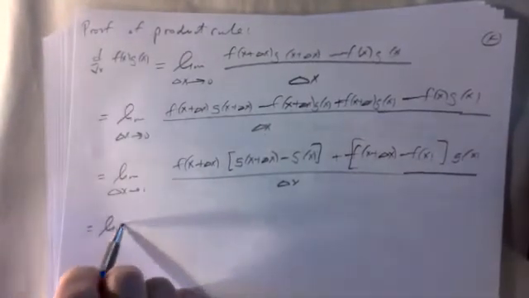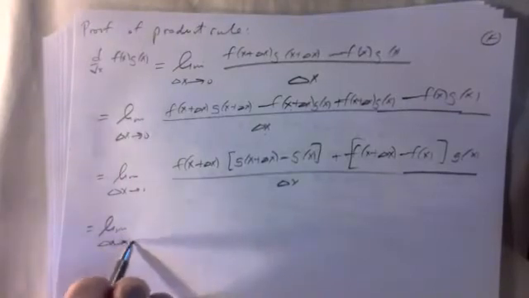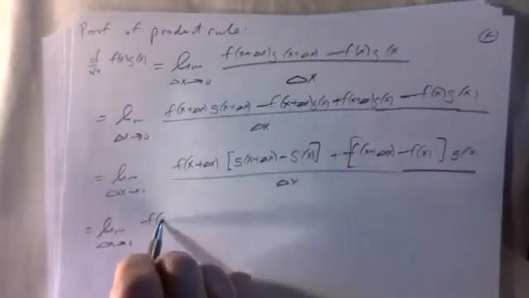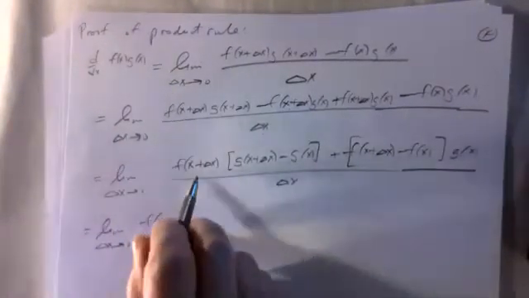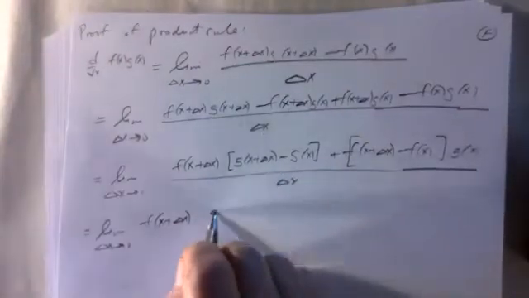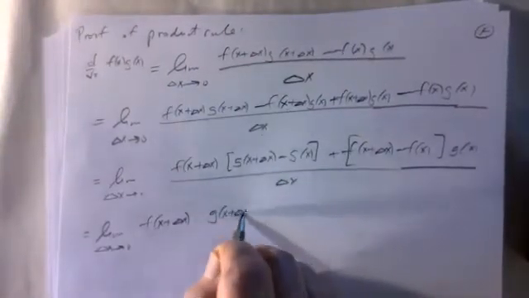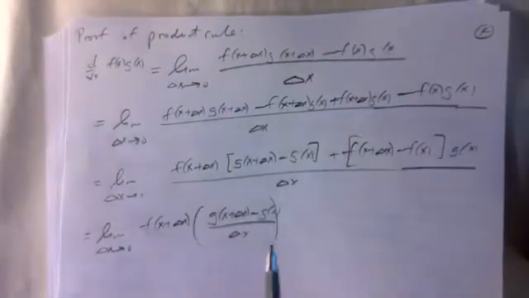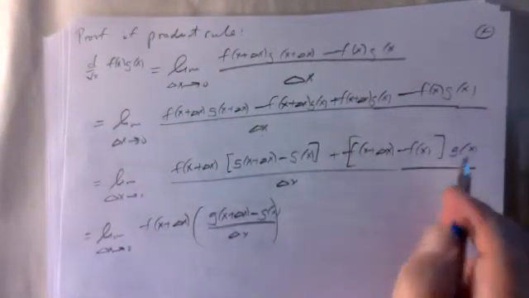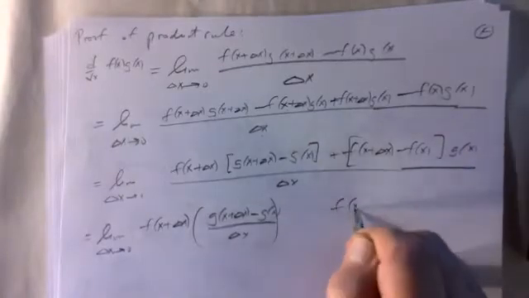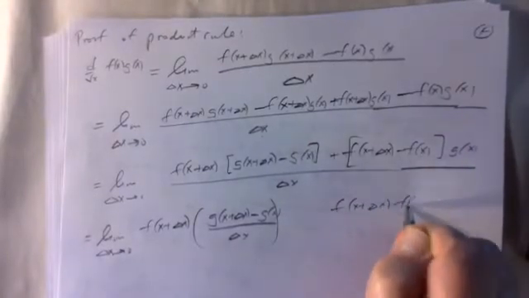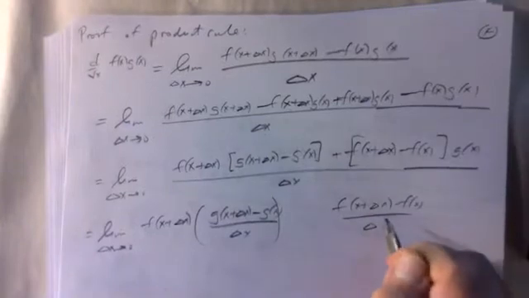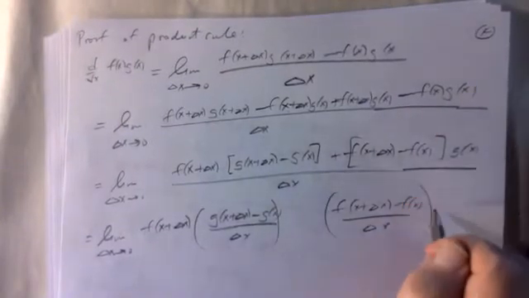This is the limit as delta x goes to 0, f of x plus delta x times this fraction, g of x plus delta x minus g of x over delta x. And then here, I have f of x plus delta x minus f of x over delta x times g of x.